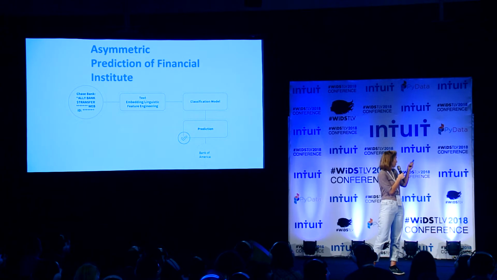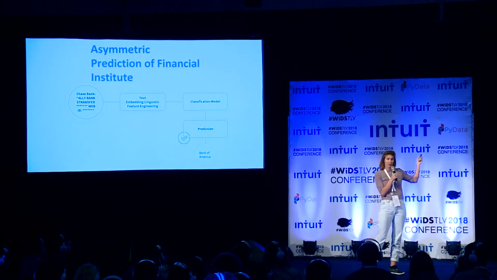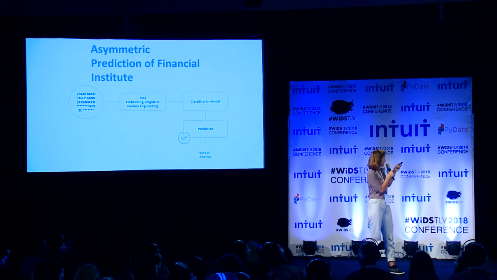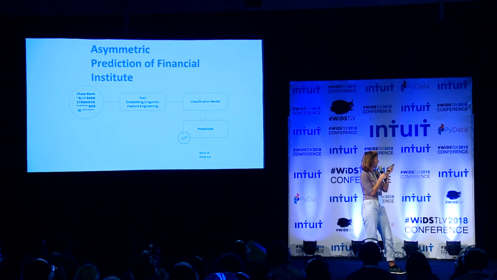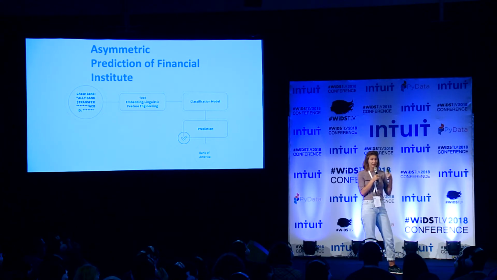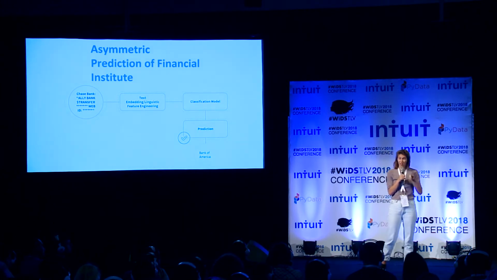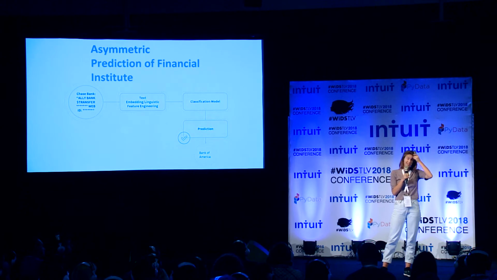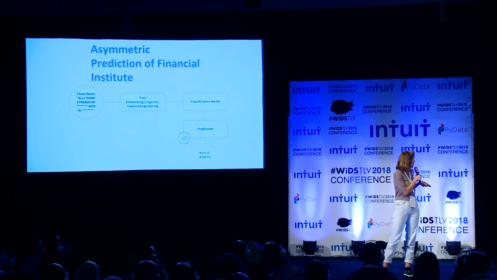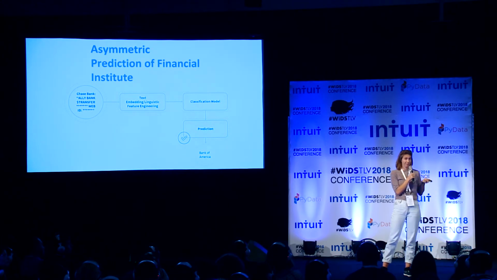So what we did was take those transfers from the data that we constructed and feed them to either a text embedding layer, or maybe engineer textual, linguistic features from them for a machine learning model, then use that in either a logistic regression, which worked best for the machine learning, or an LSTM model, and then just produce the prediction.